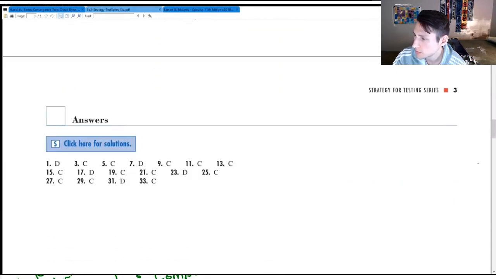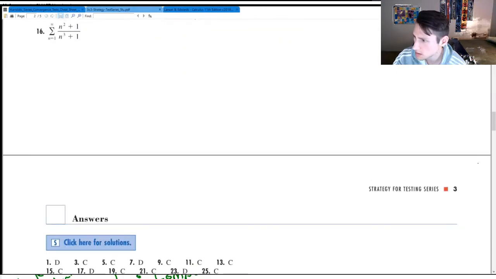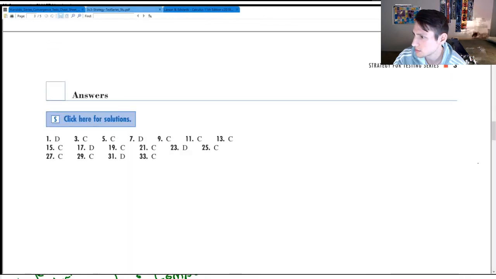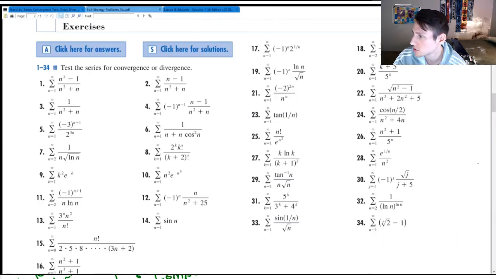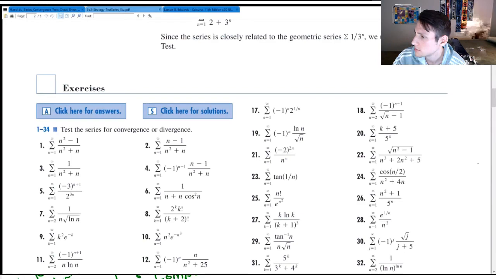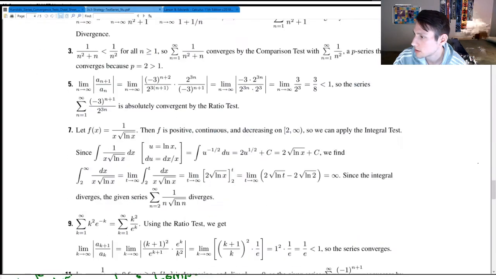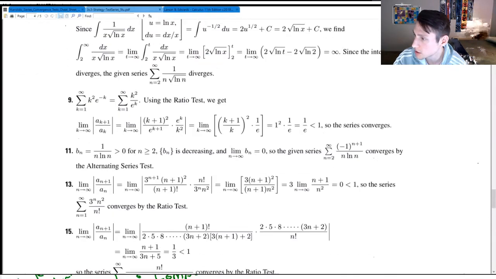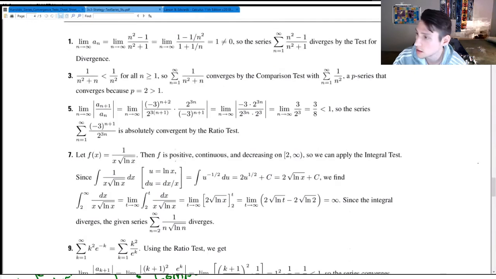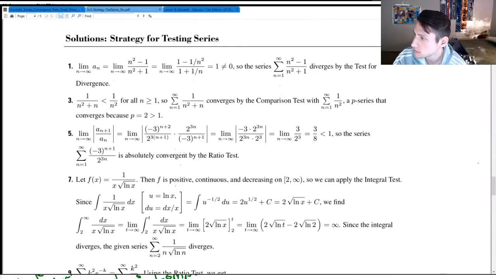But also, if you scroll down more, here are the answers. Not multiple choice. Click here for the actual solutions. For the odd ones at least, it breaks down the full solution: which test they used, and the steps.